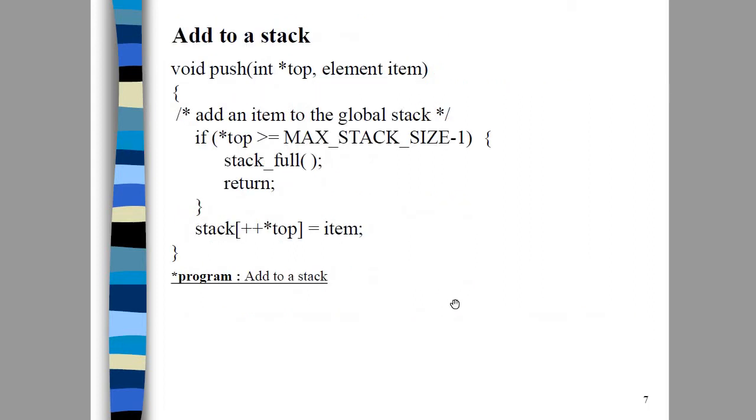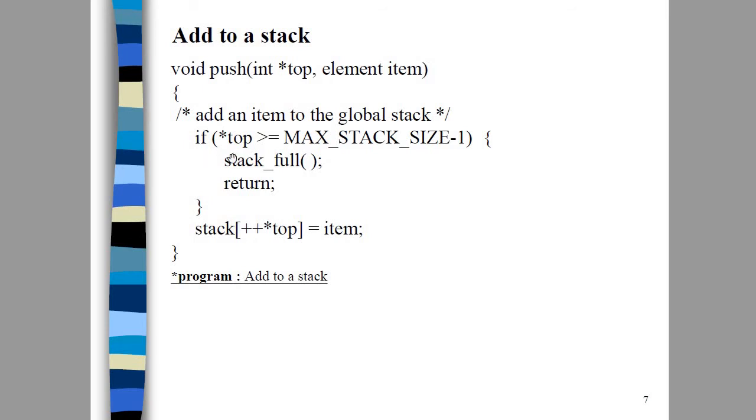Now when you want to push a new element onto the stack, what are the two arguments we have to pass to that function? The top pointer, and the element we want to push onto the stack.